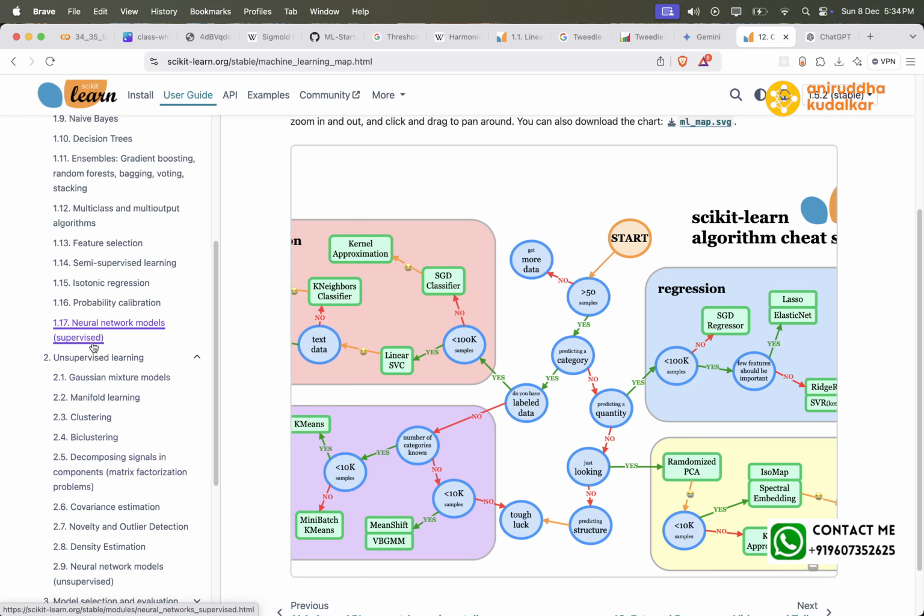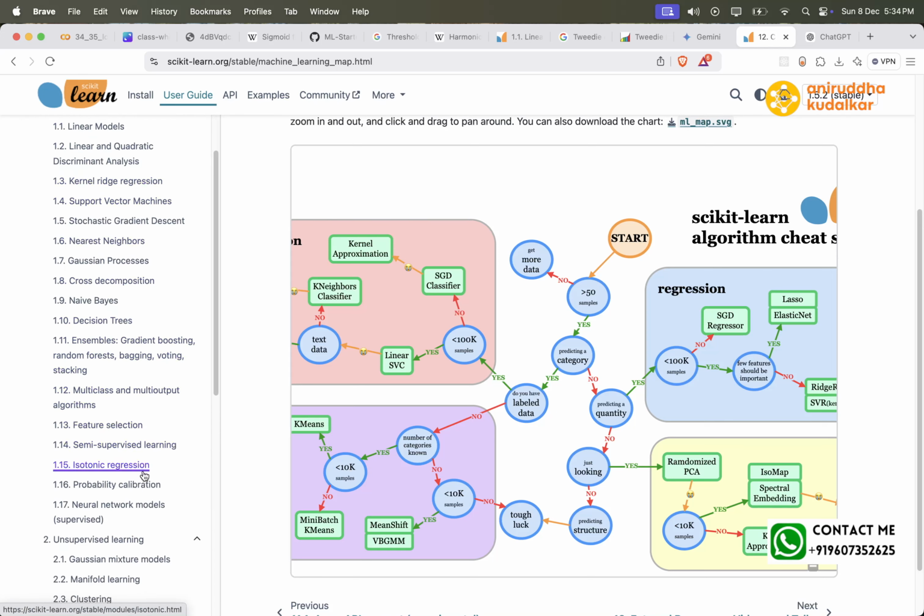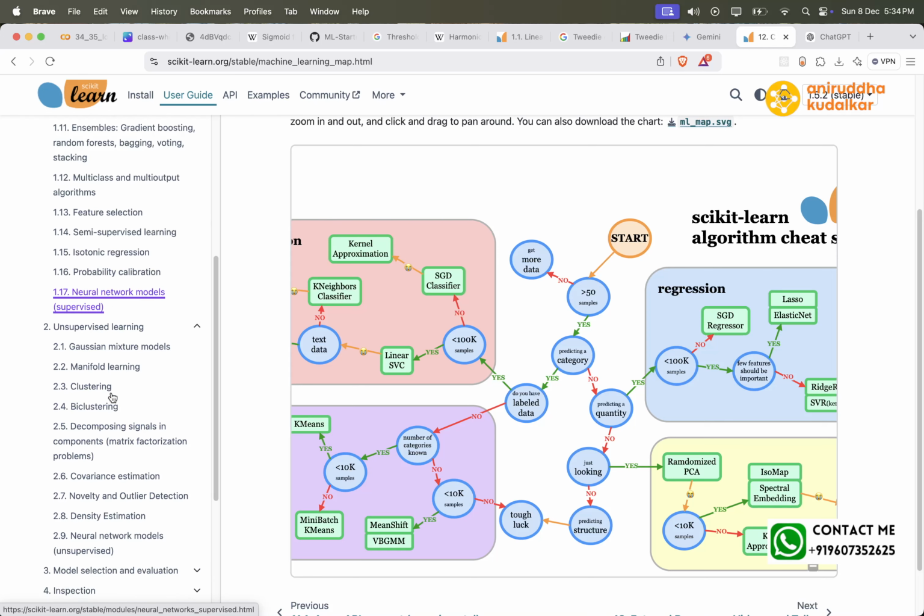Scikit-learn doesn't give you any idea about reinforcement learning. So in the next session, we will talk about actual things. One thing I would like to clarify over here. If you see, in supervised learning the last algorithm is a neural network, and in unsupervised learning also the last algorithm is a neural network.